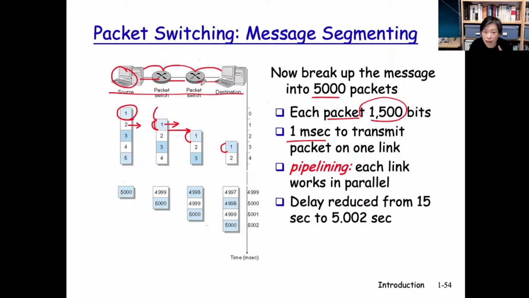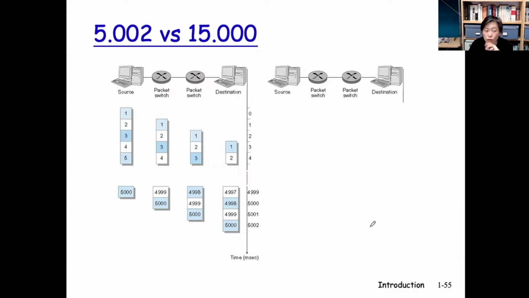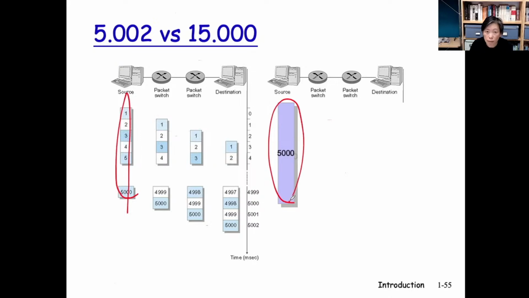And having these links that can work independently is nice. We can pipeline or streamline the sending of the packets over the network. So each link works in parallel. And the overall delay in the end is what? 5,002 milliseconds, only 5.002 seconds. If you recall earlier, if we send 5,000 small packets altogether, 7.5 megabits, each hop 5 seconds, and 3 hops 15 seconds.